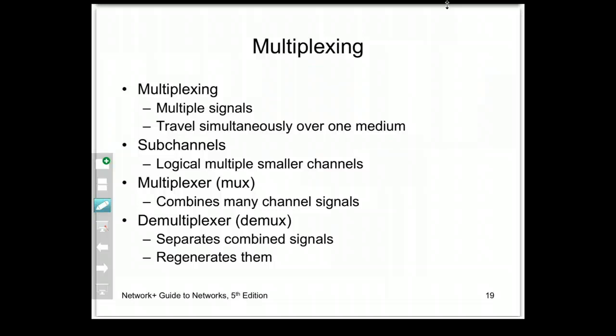Okay, multiplexing. All I need you to know on this slide is that multiplexing is where you have multiple signals coming in and they travel anywhere they need to go at any time over that medium. That's all you need to know about multiplexing. Multiplexing is on your NIC cards right now.